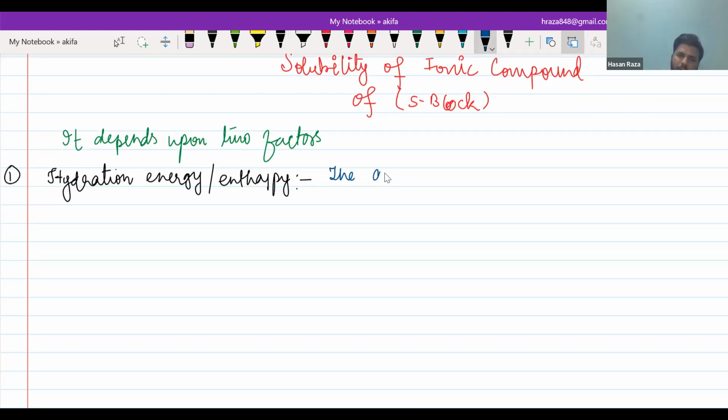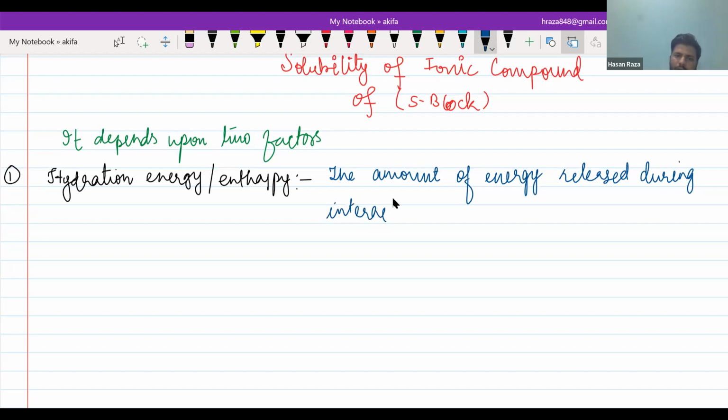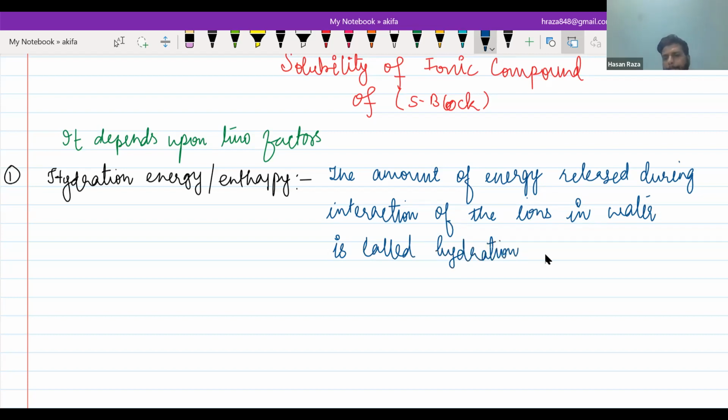The amount of energy released during the interaction of the ions in water is called hydration enthalpy. Have you studied about it? Yes.